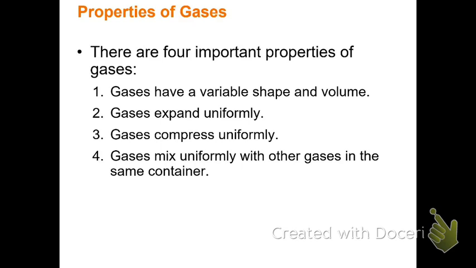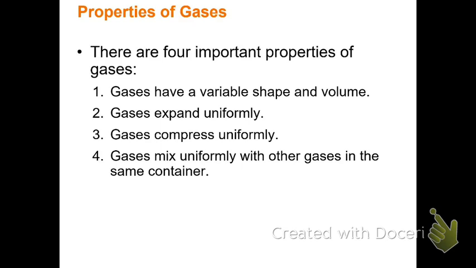But the difference between gases and liquids is that the gas can also take the volume of that container. So if you have, let's say, oxygen gas in a 10-gallon container, and then you transfer all that oxygen gas into a 1-gallon container, now that oxygen gas has a 1-gallon volume.